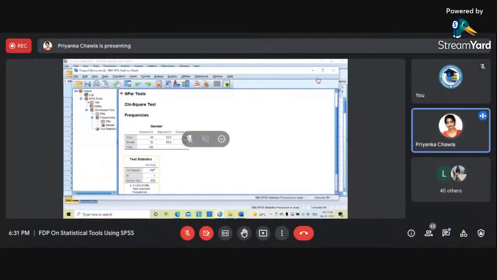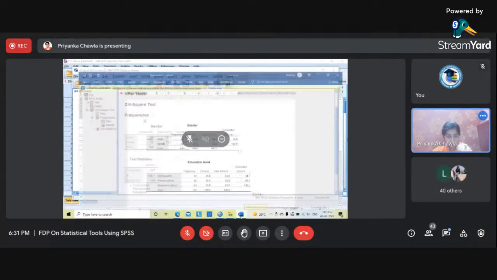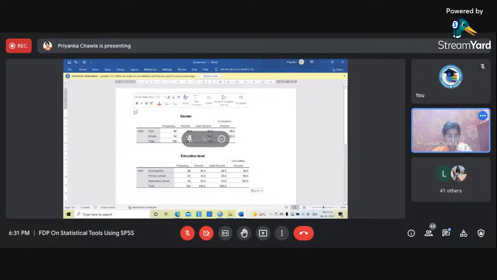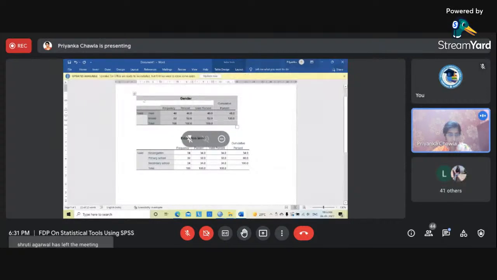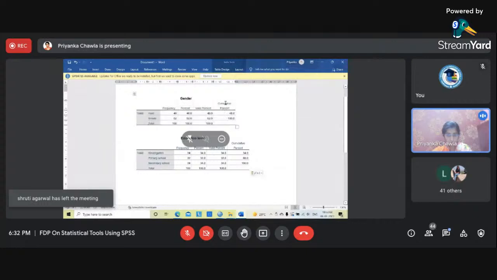Just put this p-value and chi-square over here. This is not required now, since it is repeated.